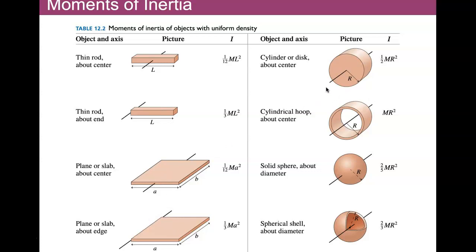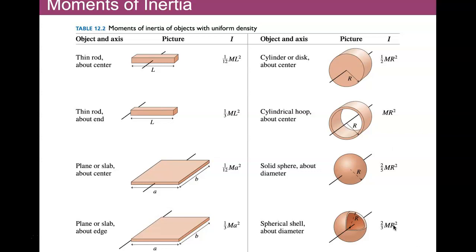You can have a cylinder, a filled cylinder, or a disc around its center, a cylindrical loop about the center, a solid sphere about the axis that goes through the center, or a spherical shell. So dimensionally, of course, there's only one length scale in all of these.